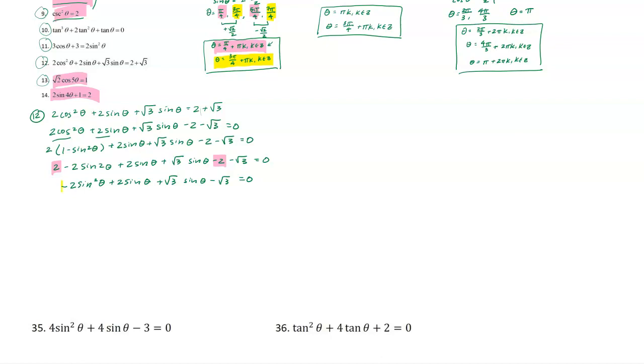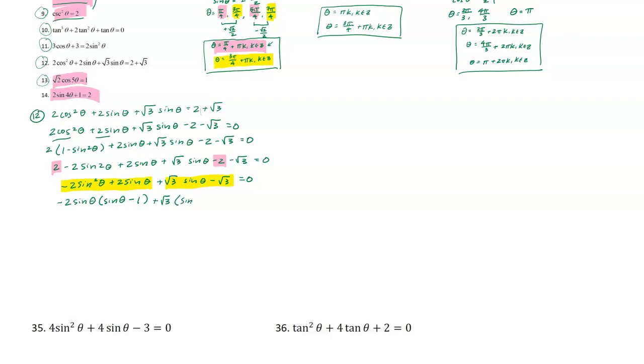So you can group these 2 and you can group these 2. I can take out a negative 2, and I can also take out a sine theta. So I ended up having a sine of theta minus 1, because I took out a negative 2. From the second group, I'm going to take out a plus square root of 3.